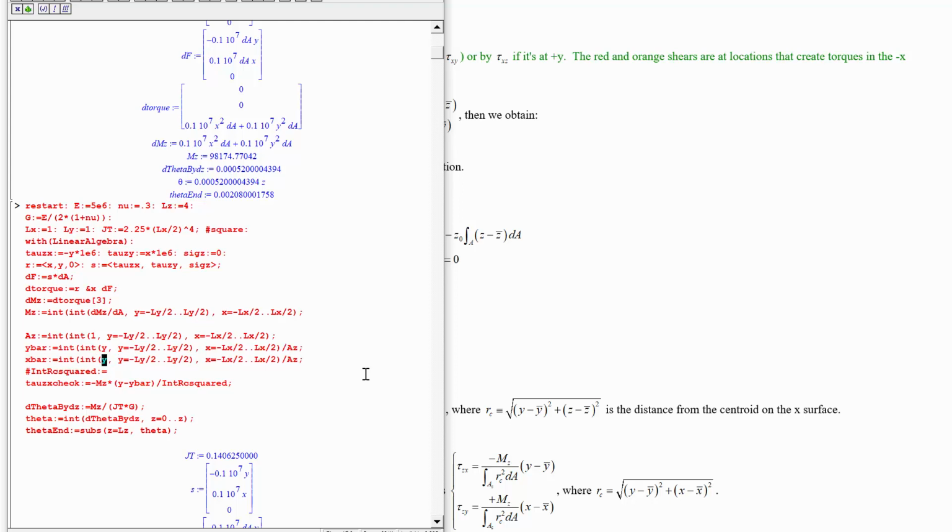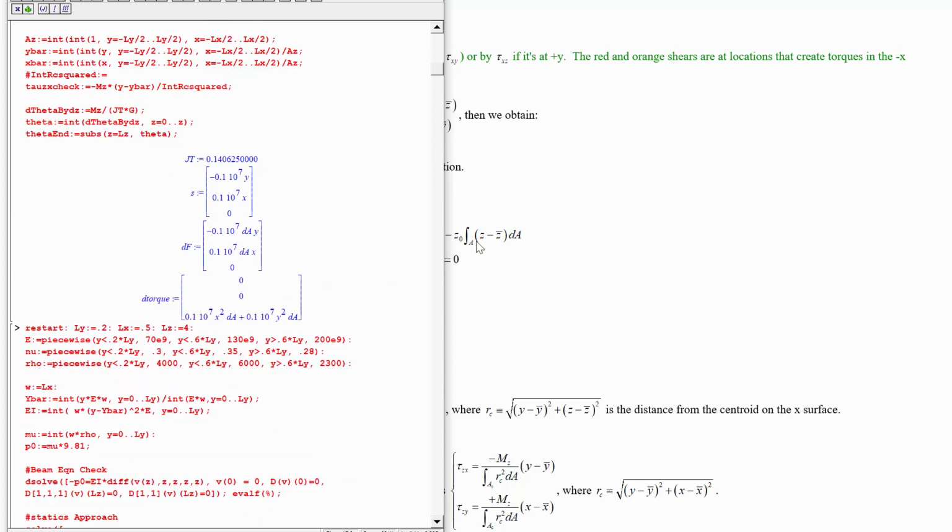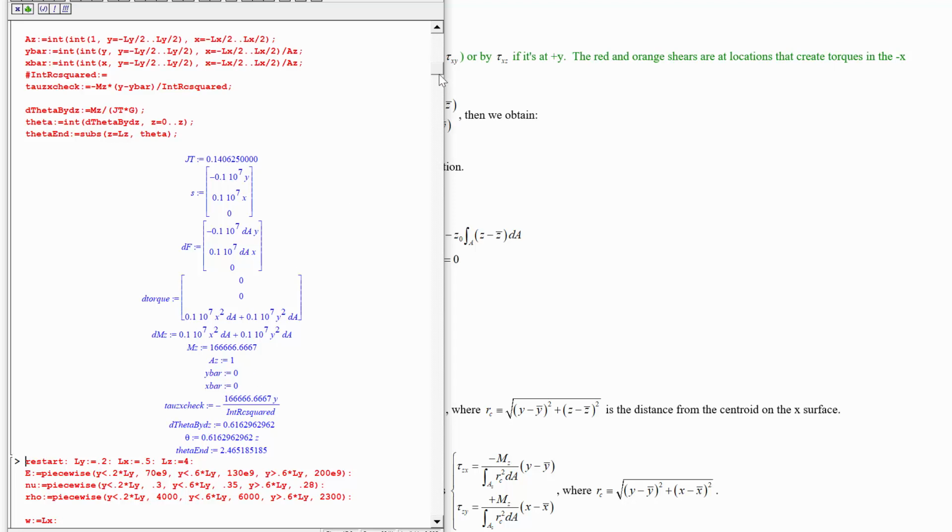Same thing for x bar. This is centered on the x-axis. It's a rectangular thing from negative Lx over 2 to positive Lx over 2. So we're also going to find the average x position is equal to 0.